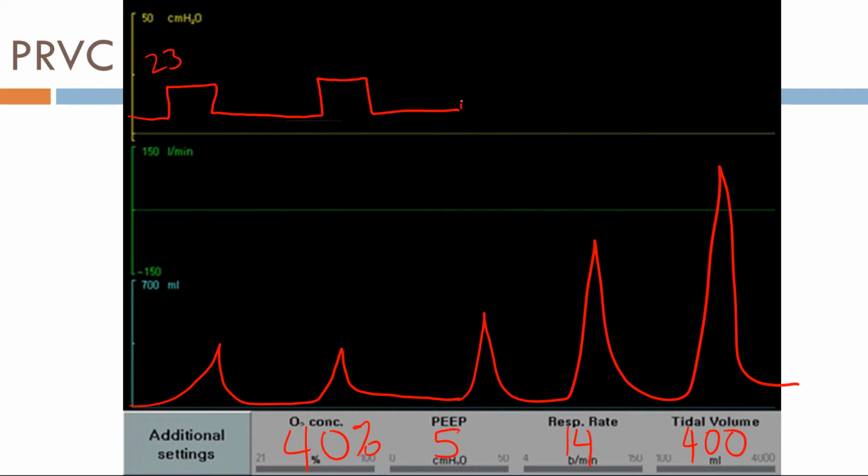So as a result, it will decrease the amount of pressure delivered. So imagine getting less and less pressure from a ventilator. You can imagine the patient's work of breathing will significantly increase, which can lead to hypoxia, fatigue, and even arrest. So you should be aware of the limitations of every single mode of ventilation that you use.